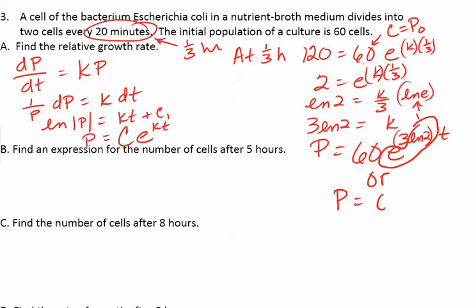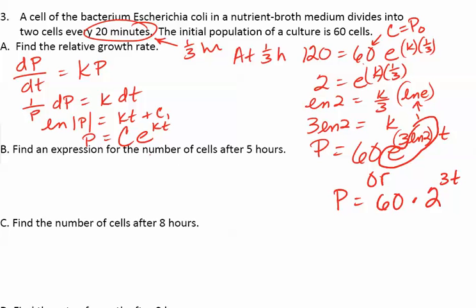Another way of writing this would be 60 times 2 to the 3t power. So those would be equivalent versions of the same equation. So with practice, you could go right perhaps to that answer, since we knew that we had a doubling function here.